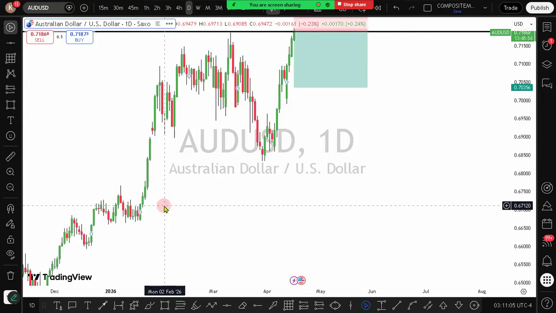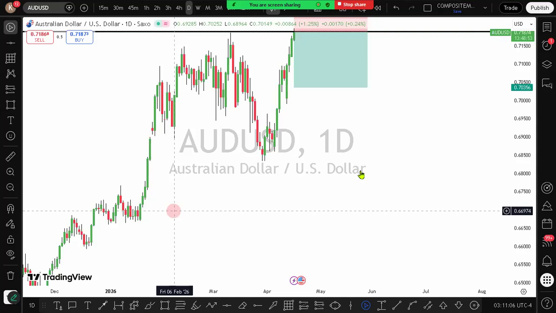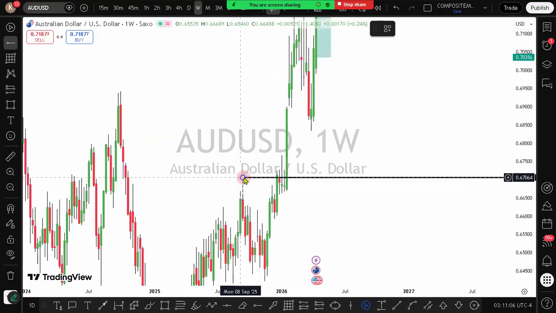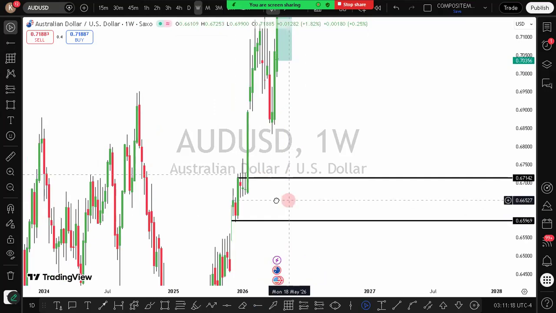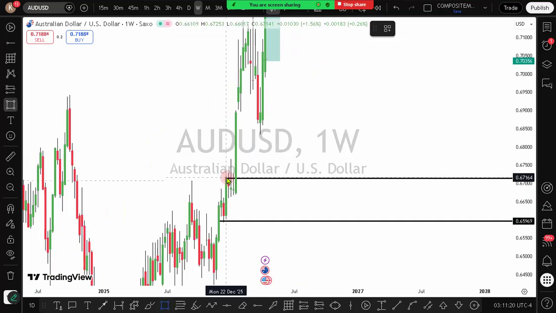Now I'm targeting probably the first weekly opposing demand. So the weekly time frame. So this, I'm going to monitor these areas. I want to be aware of these areas.